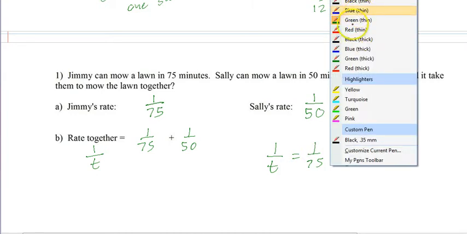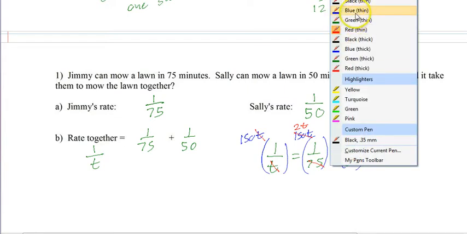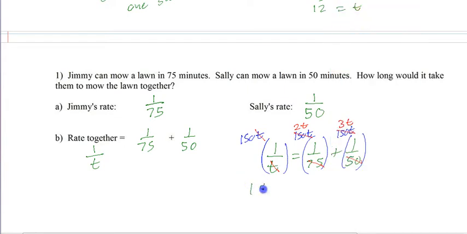LCD again is 150T. Reduce. And it's not always going to be 2T and 3T, just a coincidence. So that's 150 equals 2T plus 3T.